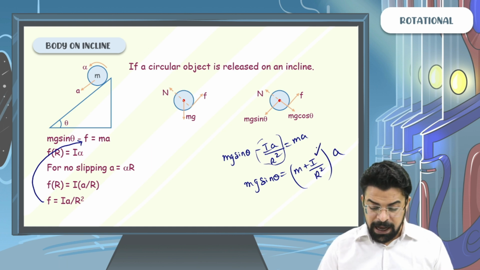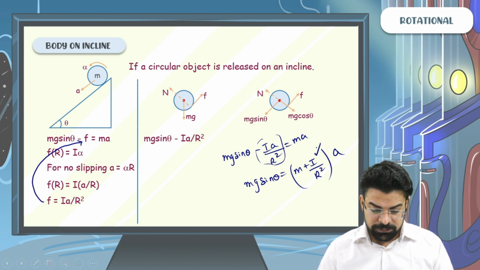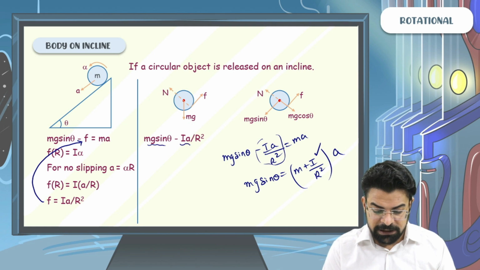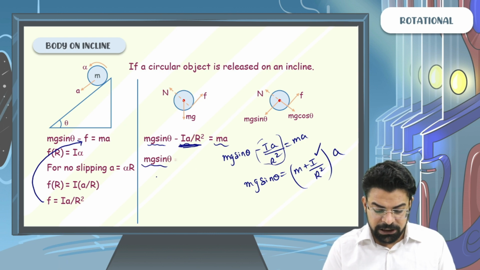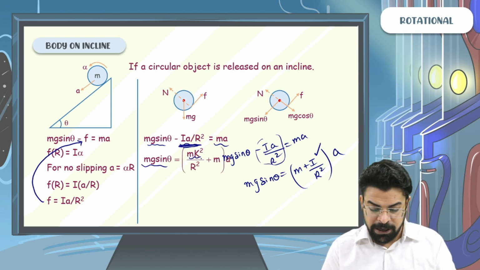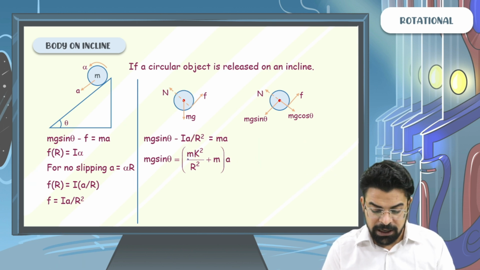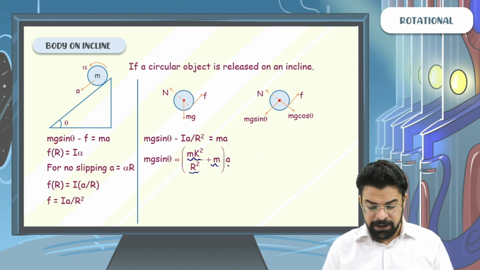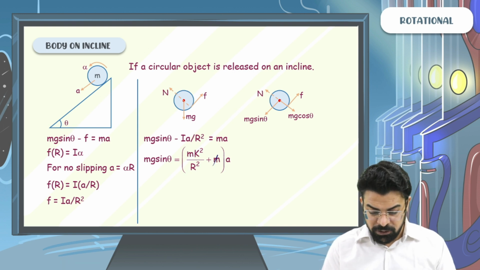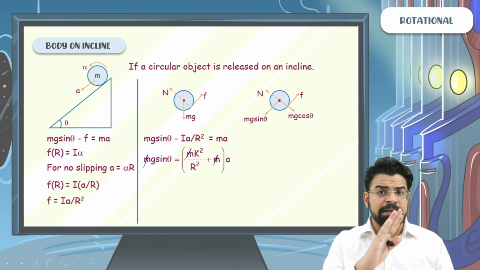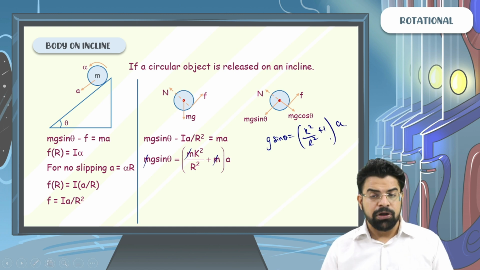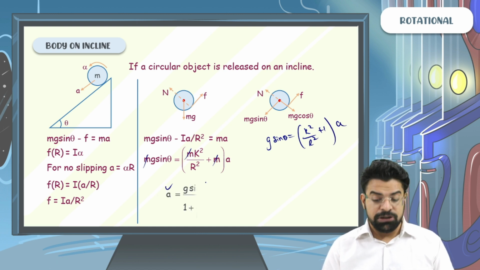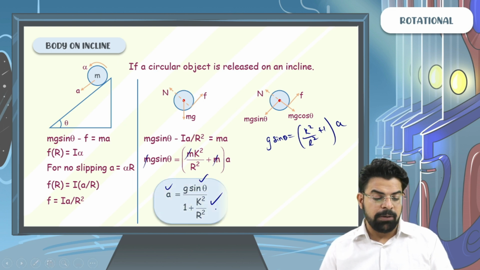And in place of I, you can write mk². So mg sin θ = (mk²/R² + m)a. Now cancel out m. On the left hand side you have g sin θ, and on the right hand side you have (k²/R² + 1)a. So the acceleration comes out to be g sin θ / (1 + k²/R²).